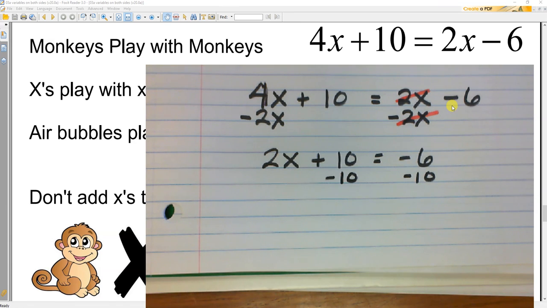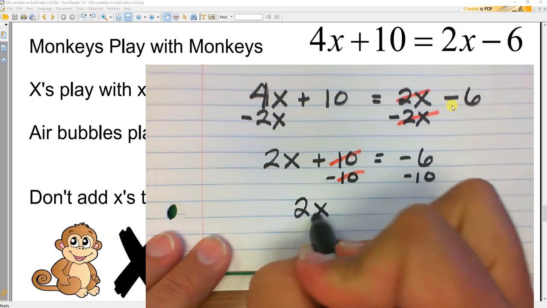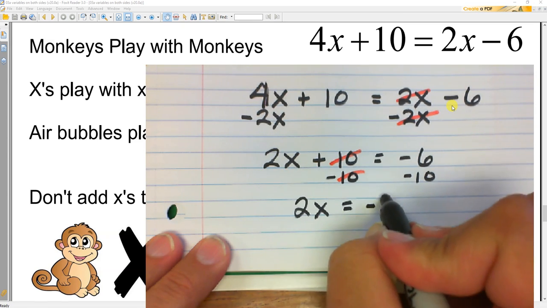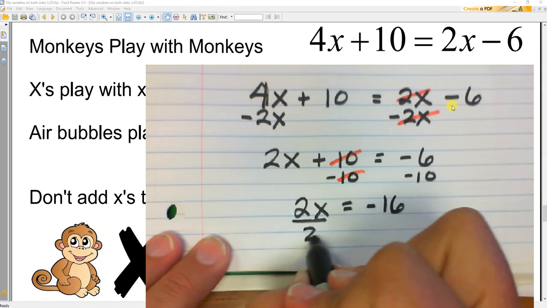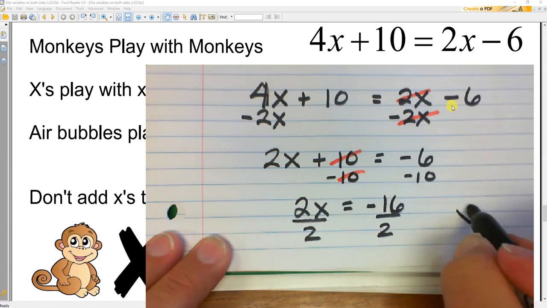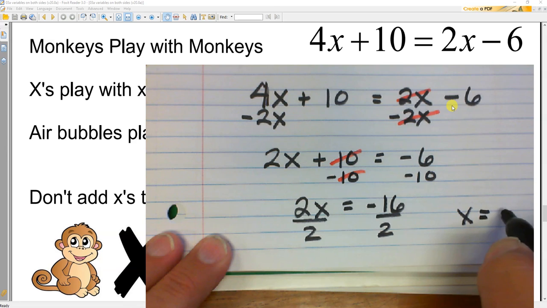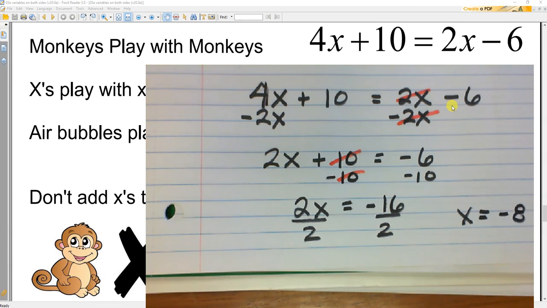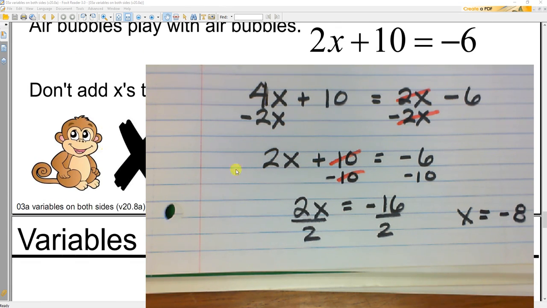Subtracting 10 from both sides. Red marker of death and destruction. Dividing both sides by 2. And I feel like that's probably, let's see, how am I doing on my notes here?